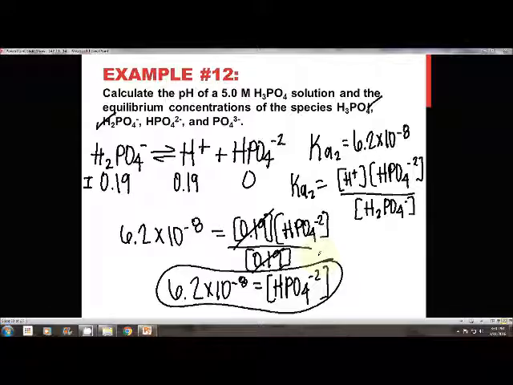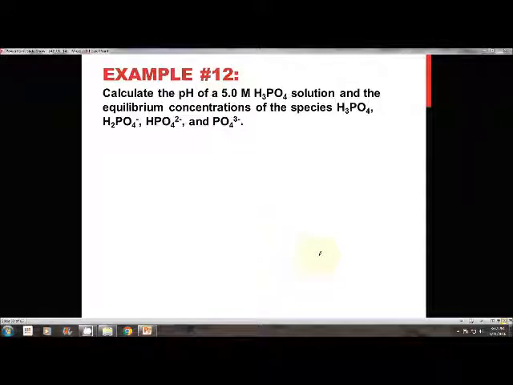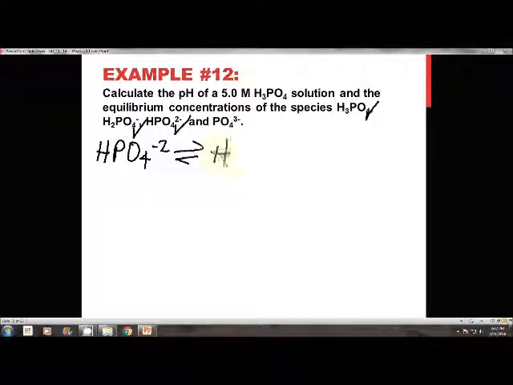All right, so then for our last step, to figure out our last thing that we need, we've gotten this one and that one, so now we just have the PO4 minus 3 left. So we have our HPO4 minus 2 that breaks down by taking out another hydrogen, and we're left with our phosphate, which is what we're trying to find.